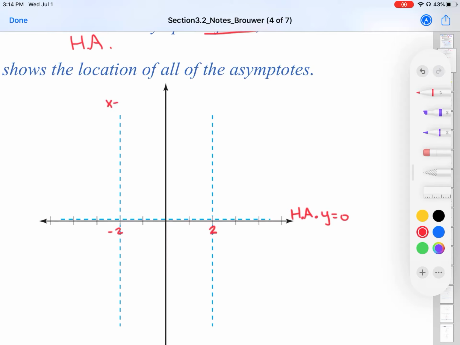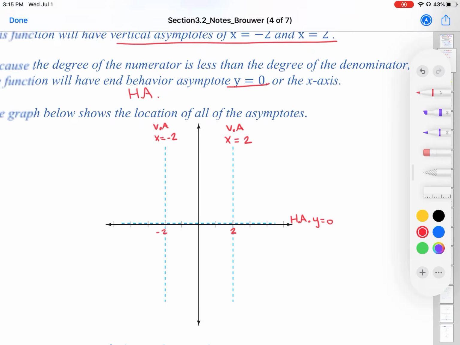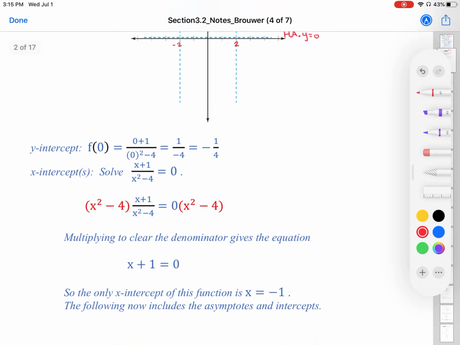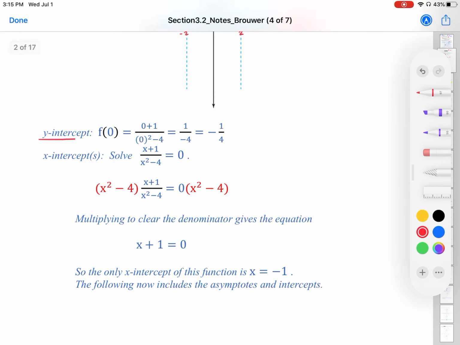One at x equals negative 2, and another vertical asymptote at x equals 2. And I like to label everything just in case we need to start from the beginning, so we know what everything is. All right, now let's begin by finding our intercepts.